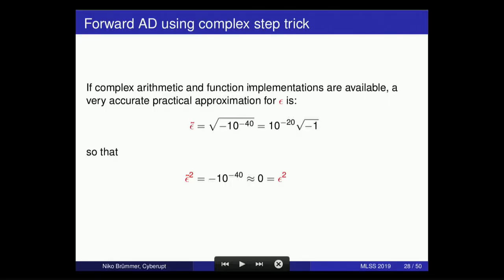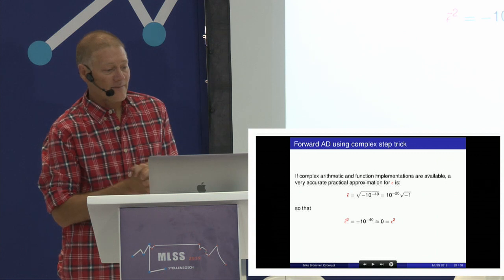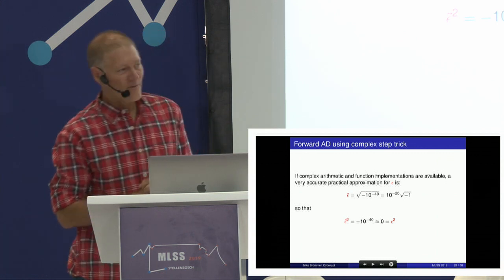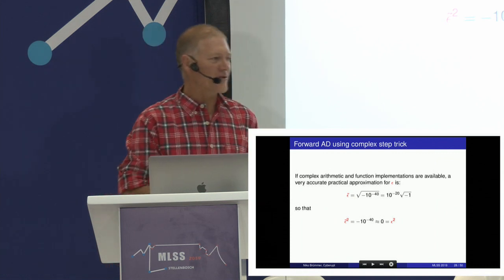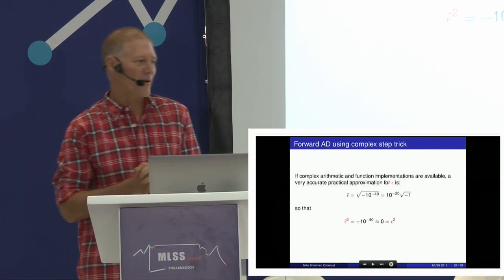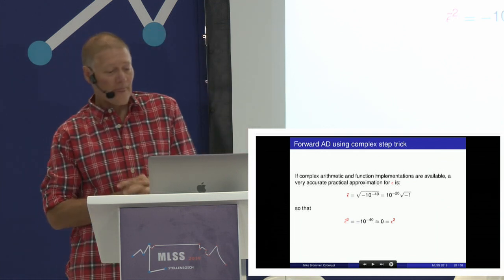We're making it really small, and we're keeping it separate from the real component by leaving it there in the imaginary component. So this tilde epsilon is a pure imaginary number. And if we square it, it becomes a lot smaller. And we can say for practical, numerical purposes, it's just 0, and we don't need to worry about it.